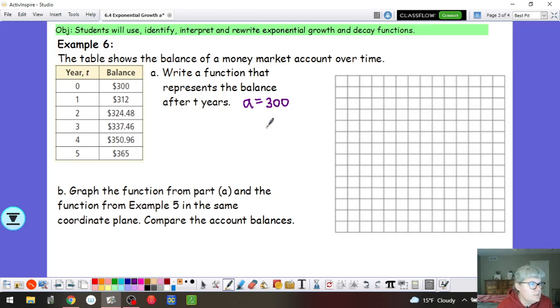We are going to need to find that rate that it is increasing. So if I take and divide 312 by 300, so my 1 plus r is going to equal 312 divided by 300.